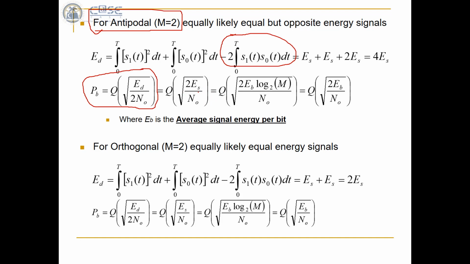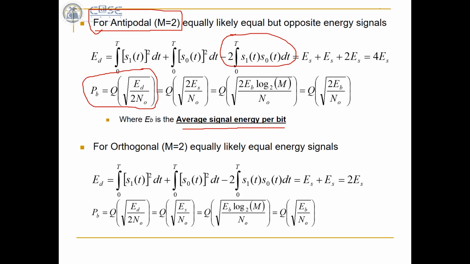Now I have also talked about the representation of ES in terms of EB, where EB is nothing but the average signal energy per bit. And here we have symbol energy. It could have more than, let's say, 1 bit in it, but in our example it can only have 1 bit per symbol.